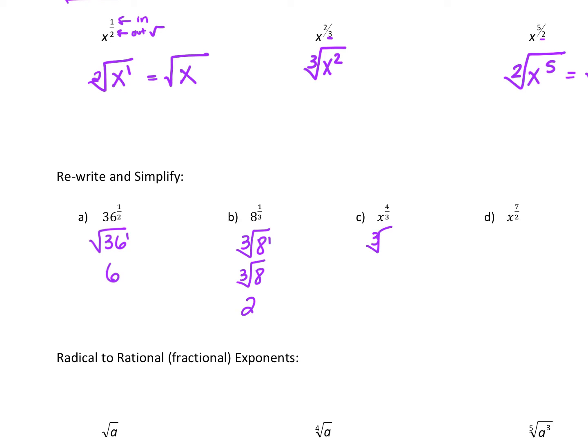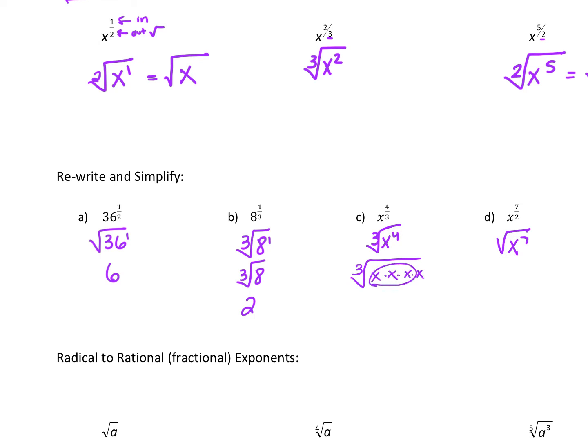This I'd write as the cubed root of x to the 4th power. And this one we write as the square root of x to the 7th power. Now if we wanted to simplify this, x to the 4th power is x times x times x times x.